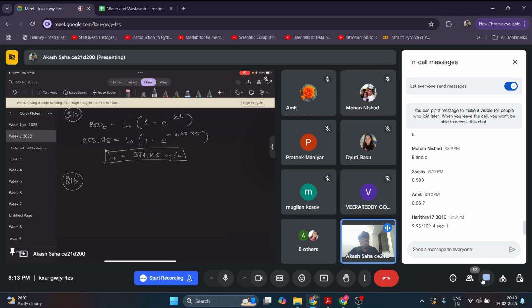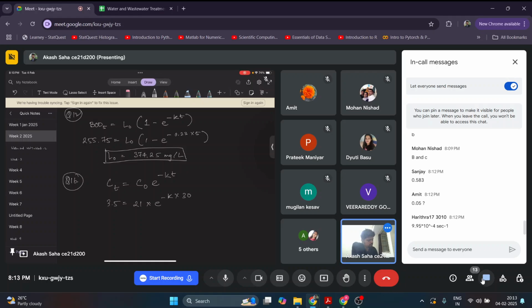Okay, so the basic formula is Ct equals C naught e to the power minus k t. So here we have Ct as 3.5, we have C naught as 21, into e to the power minus k into 30 minutes.